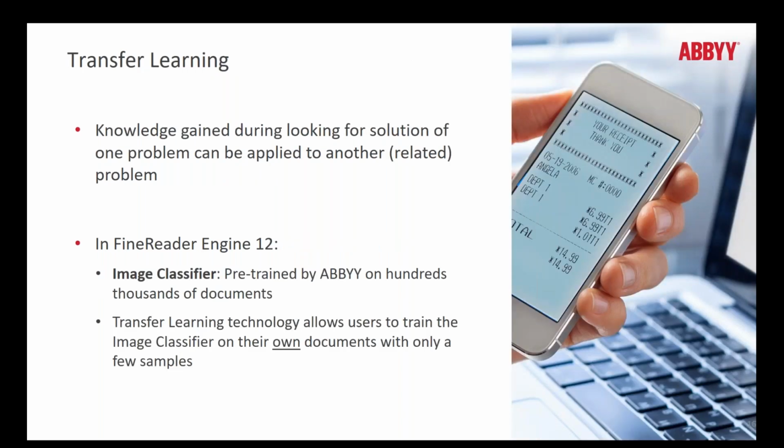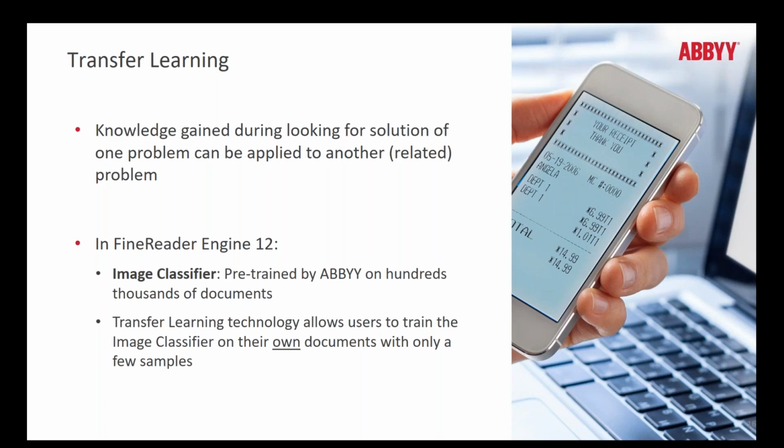And one of the last, or the very last one I want to mention before we actually go to the live demo, is transfer learning. Transfer learning technology is very, very important for us. What it is, transfer learning basically means that if you or a computer are able to solve one task, you are able to solve a similar task.